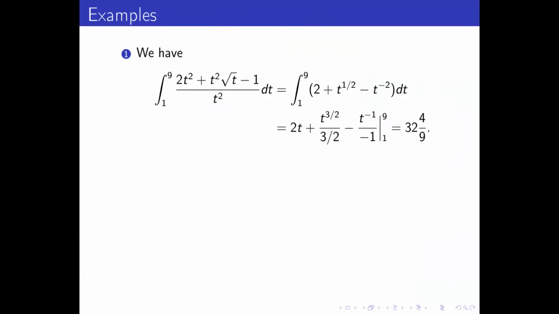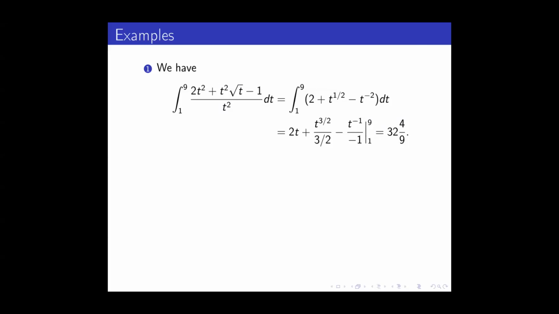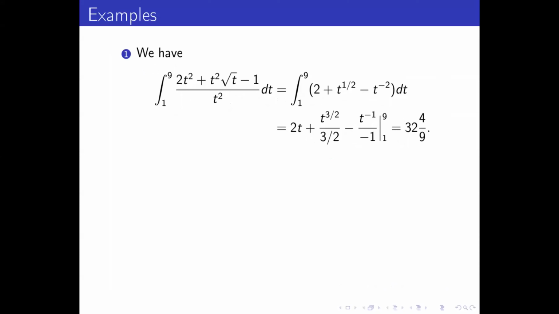The antiderivative of this one we haven't talked about, but the function is this one, and then you evaluate from 1 to 9 and you obtain the answer. So it's much quicker, and you can imagine it would be painful if you used Riemann sums to compute this.